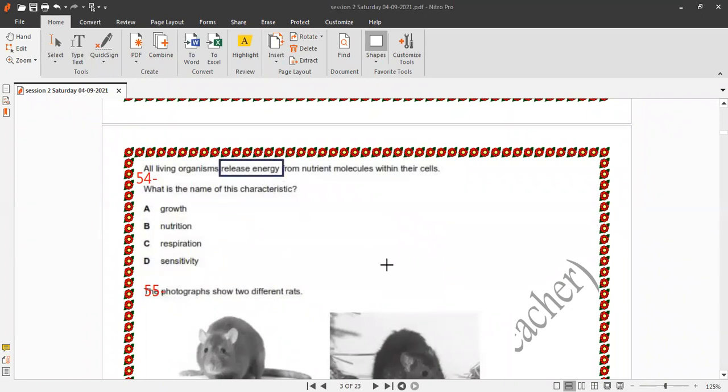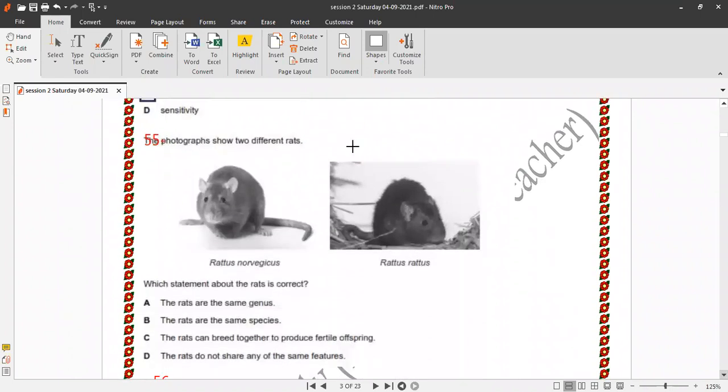The key word: release energy. What is the name of this characteristic? It is respiration. Excellent. Chemical reaction and release energy is called respiration. Excellent. Thank you.